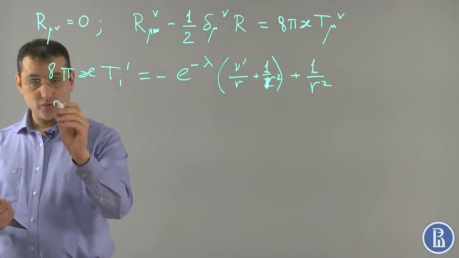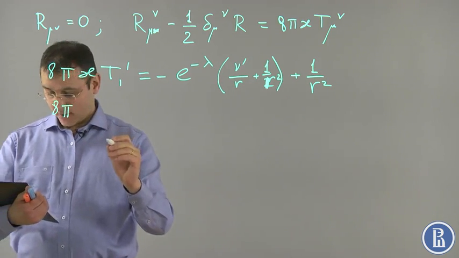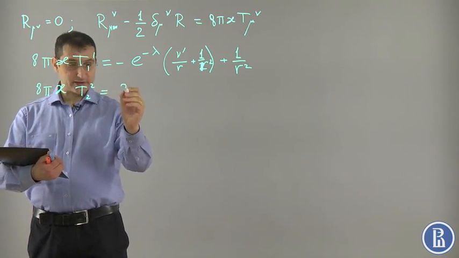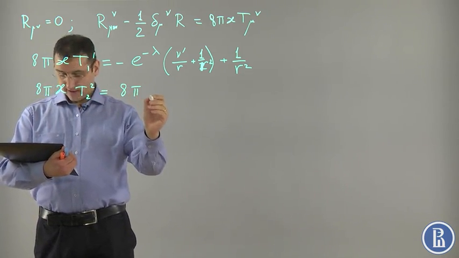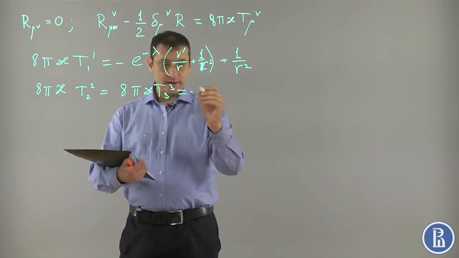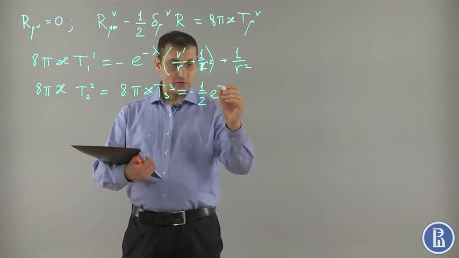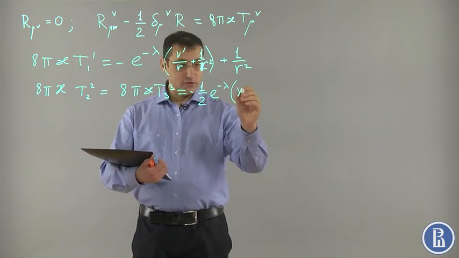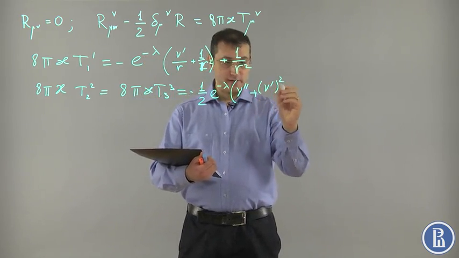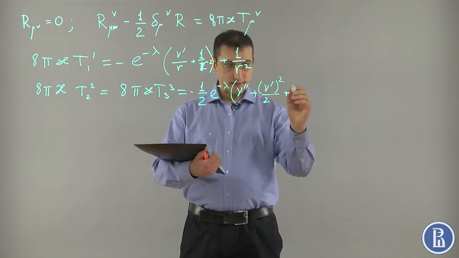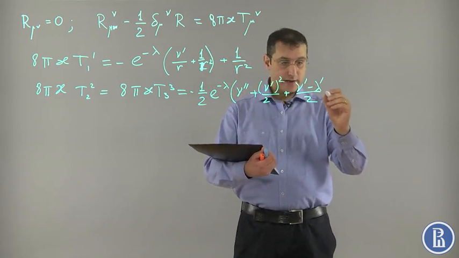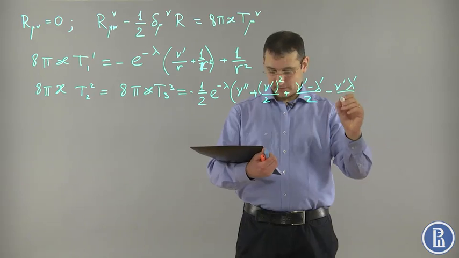Then there are two equations of the same form, 8 pi kappa T22, and 8 pi kappa T33 is equal to minus half e to the power of minus lambda times nu double prime plus nu prime squared over 2 plus nu prime minus lambda prime over 2 minus nu prime times lambda prime over 2.